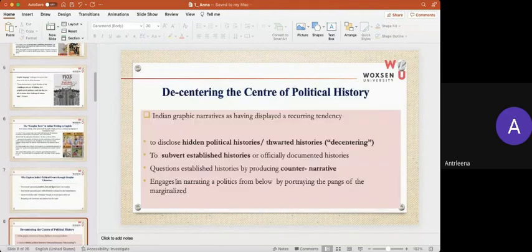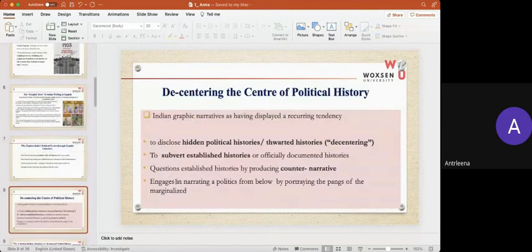Now we move on to one of the parameters of representation of political history. How is political history represented? One of the tactics is decentering. And what do I mean by decentering? I'm evoking Derrida here. India's graphic narratives have displaced a recurring tendency, disclosing hidden political histories or thwarted histories.